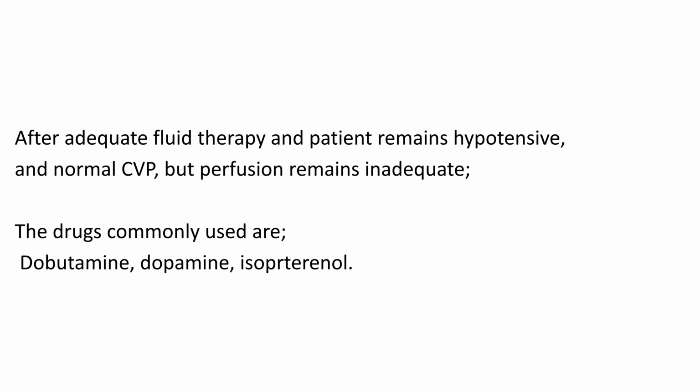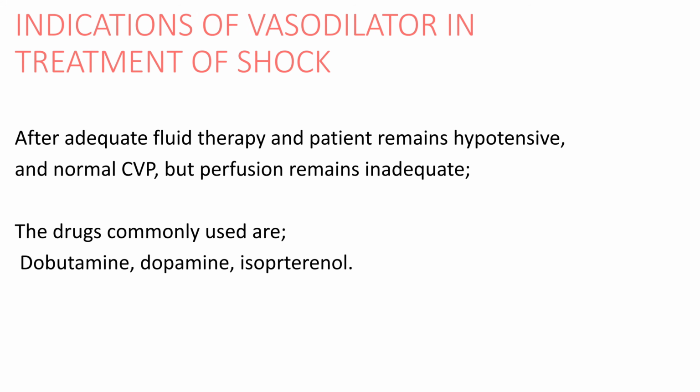The indications of use of vasodilators in the treatment of shock: after adequate fluid therapy and patient remains hypotensive with normal central venous pressure, but perfusion still remains inadequate. The drugs commonly used are dobutamine or dopamine.